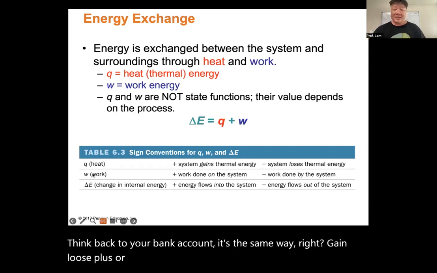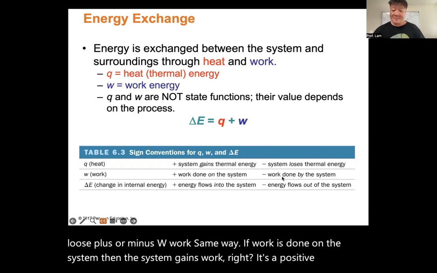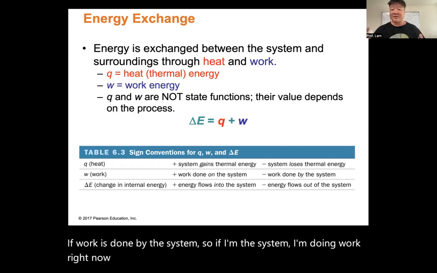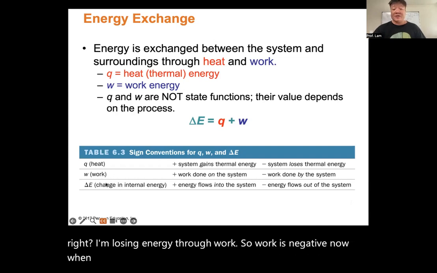W, work, same way. If work is done on the system, then the system gains work. It's a positive sign. If work is done by the system, so if I'm the system, I'm doing work right now, because I'm talking and all that, so I'm losing energy through work. So work is negative. Now, when you add Q and W together, your delta E can also be positive or negative.